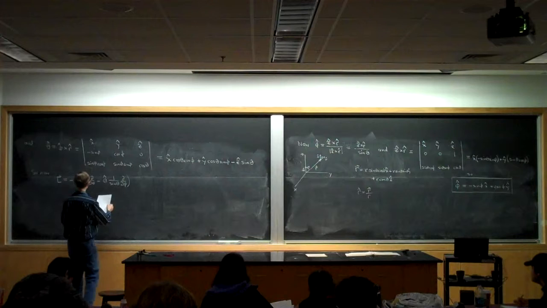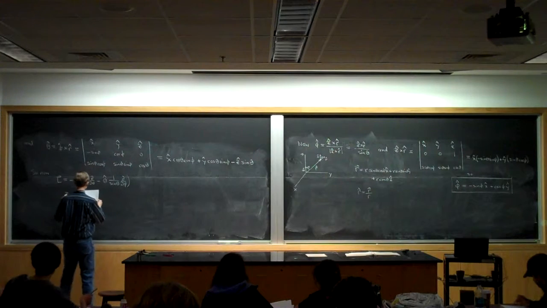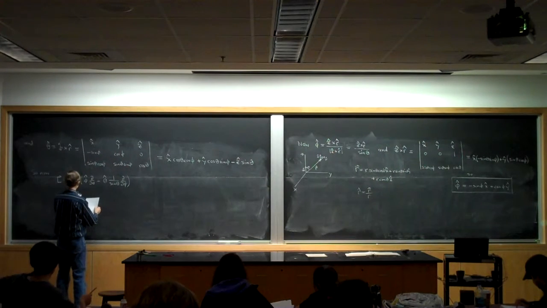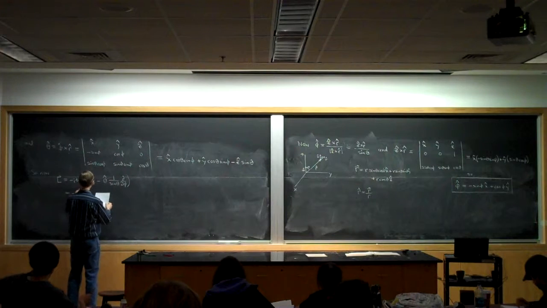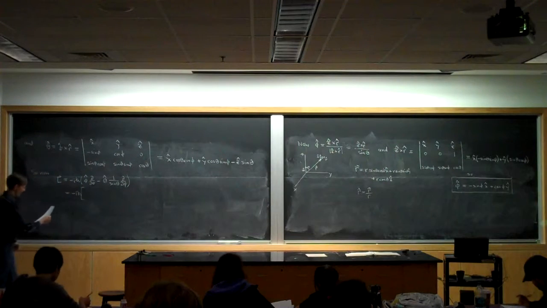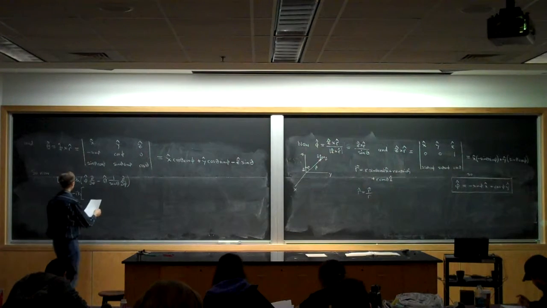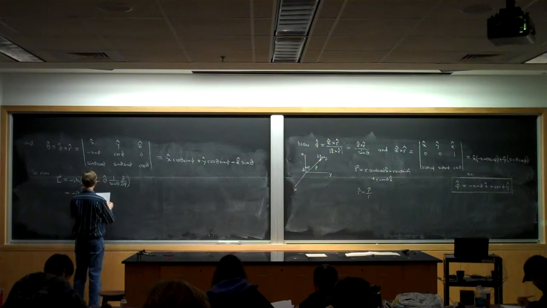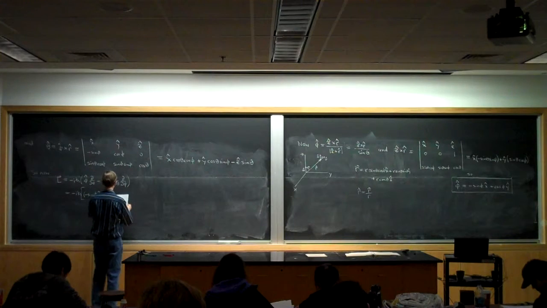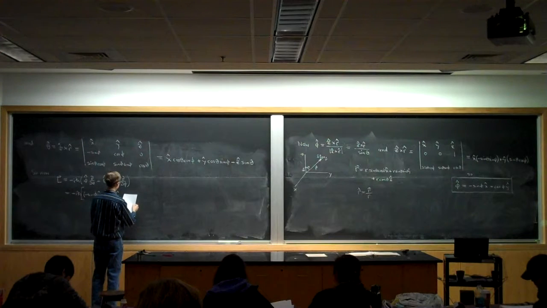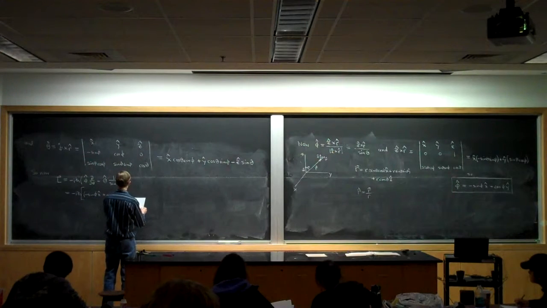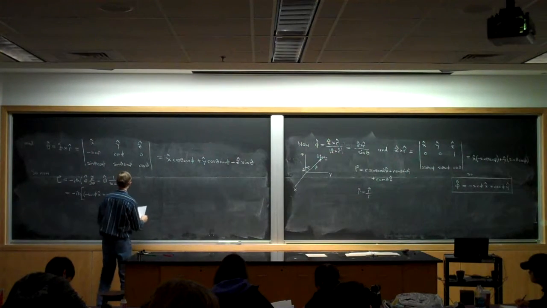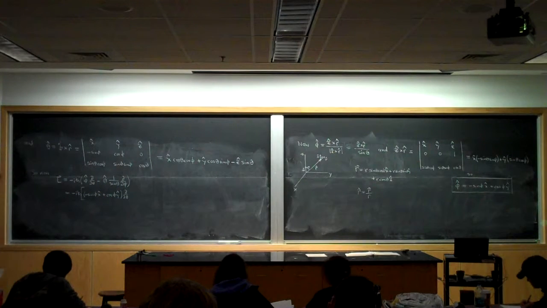So here goes. This is equal to minus i h bar times open square bracket. I'll plug in for phi hat, minus sine phi x hat plus cos phi y hat, and that's all multiplied by the partial with respect to theta.